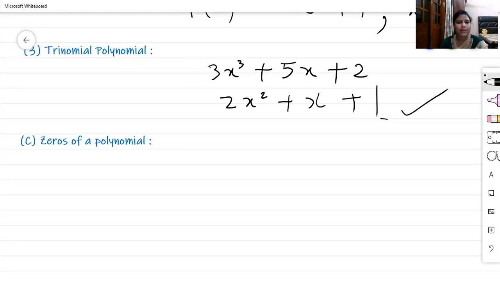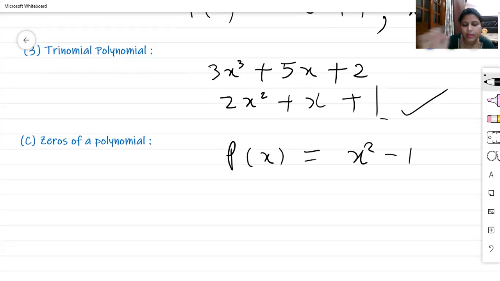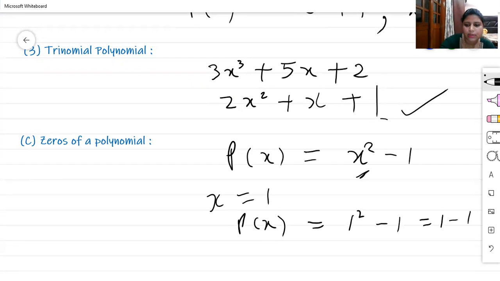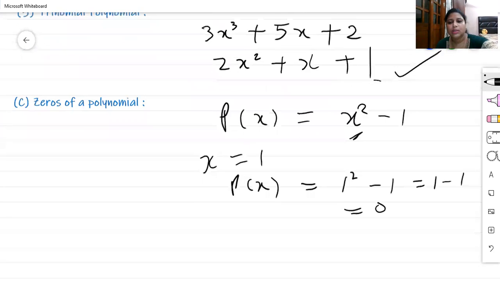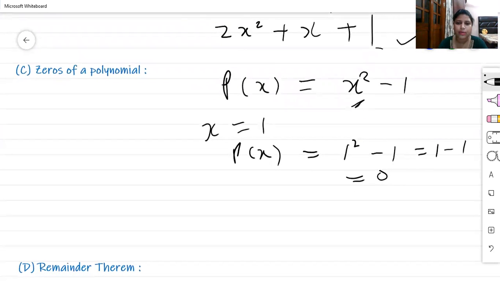Now on to the next topic. What are the zeros of a polynomial? All the values of x at which the value of the polynomial becomes 0 are called the zeros of the polynomial.